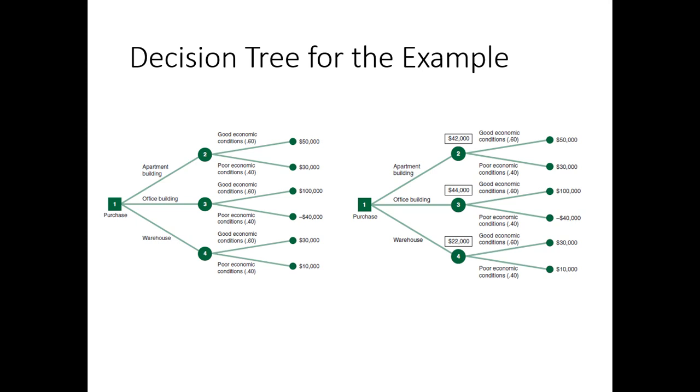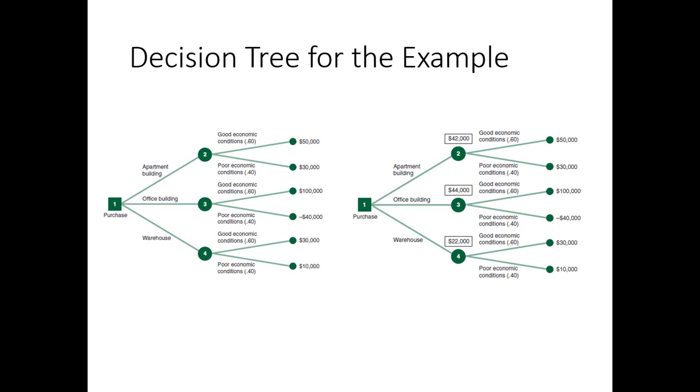We see here that the squares are the decisions, whether to invest in apartment, in office, in warehouse. For apartment there are two options: if the condition is good, if the condition is poor. For the office there are two possibilities: if the condition is good, if the condition is poor.